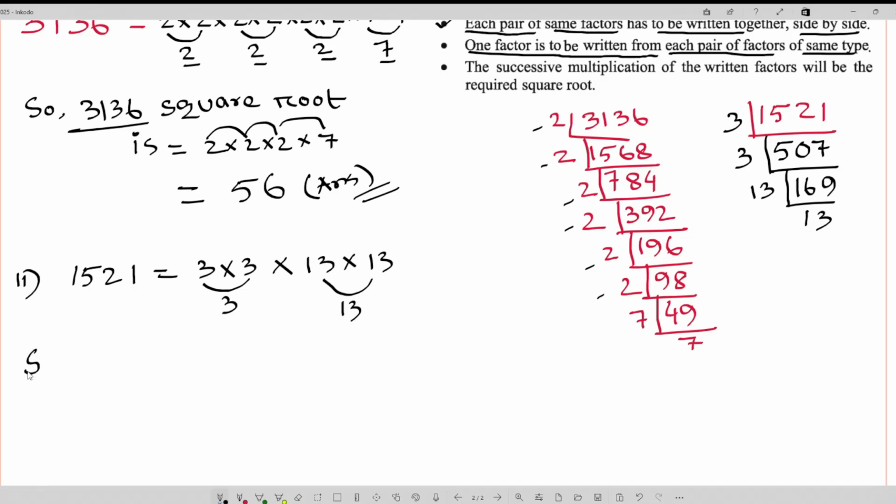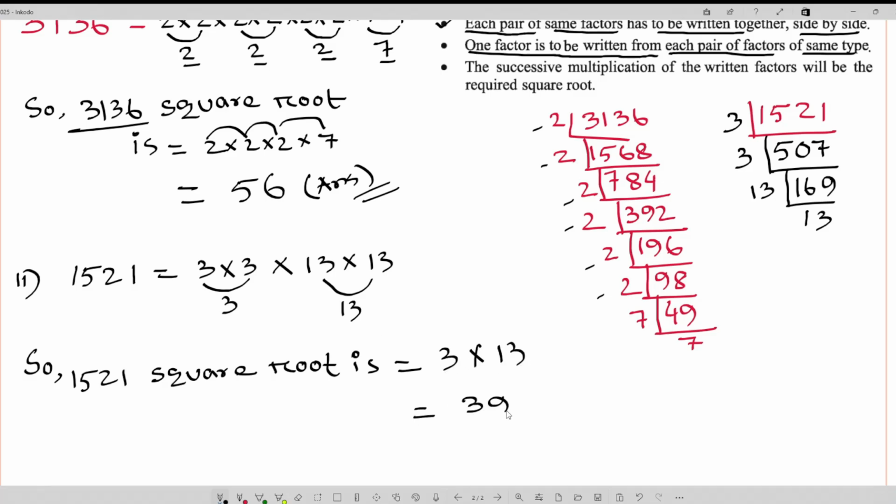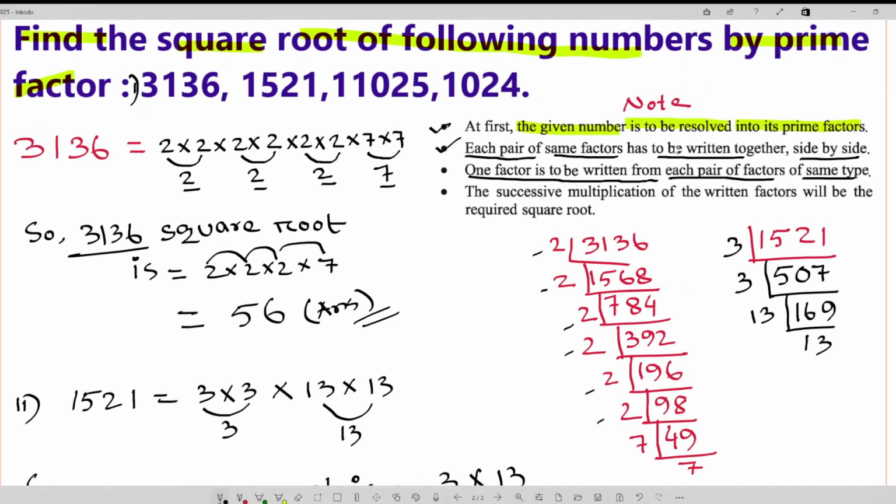The square root of 1521 is 3 times 13, so this is 39. So it means 1521, once we take the square root, will become 39. Okay. So question 2 is done.